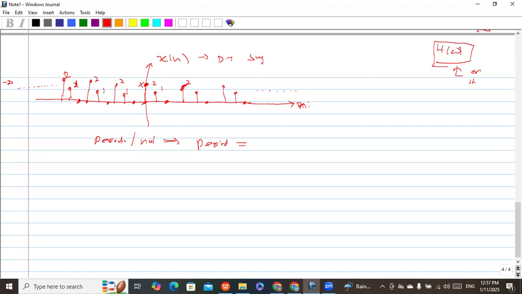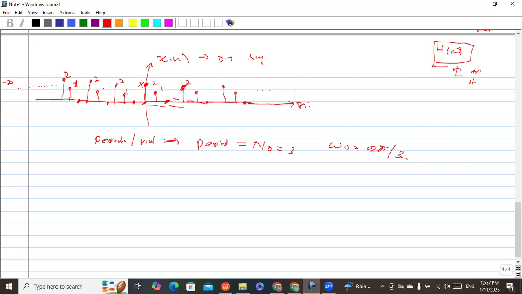The number of samples from here to here is 1, 2, 3. So the period N naught is 3. So omega naught is 2π divided by 3.